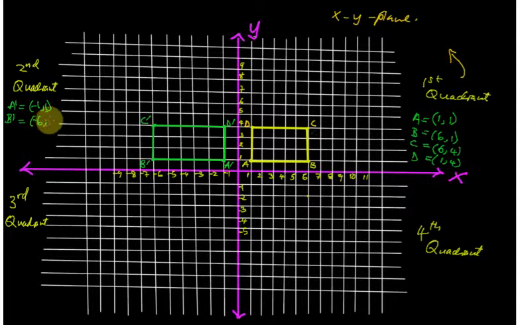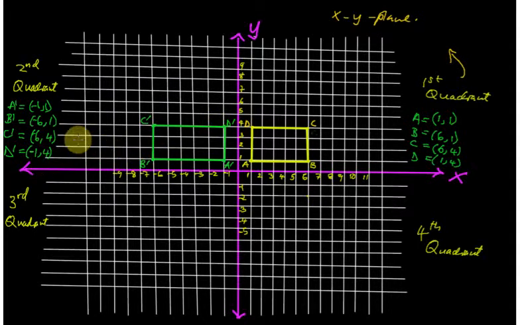Our C dash is given by negative 6, 4, and our D dash is given by negative 1, 4.